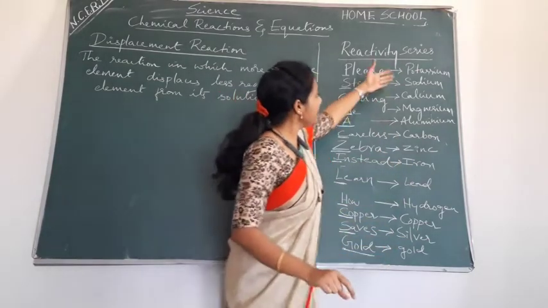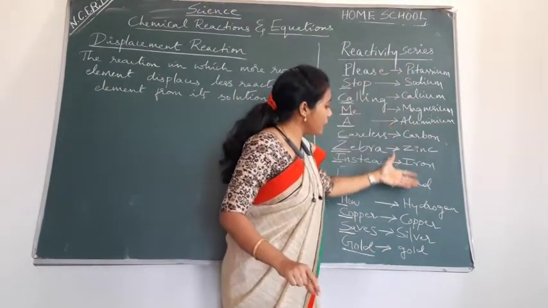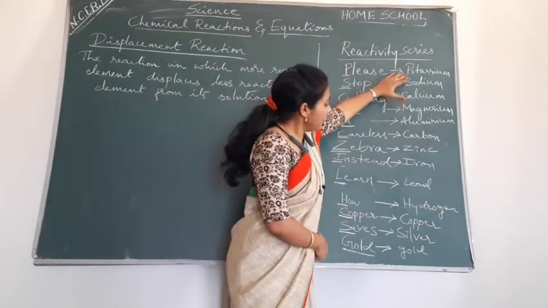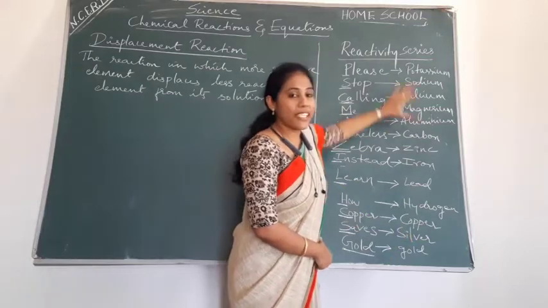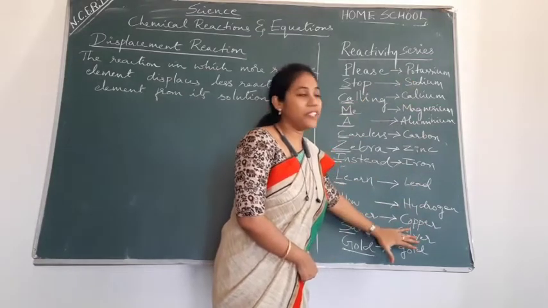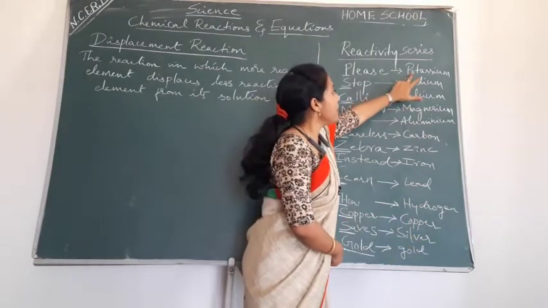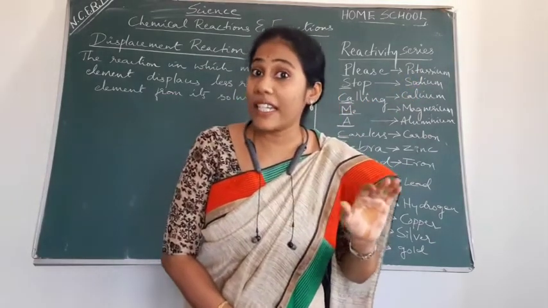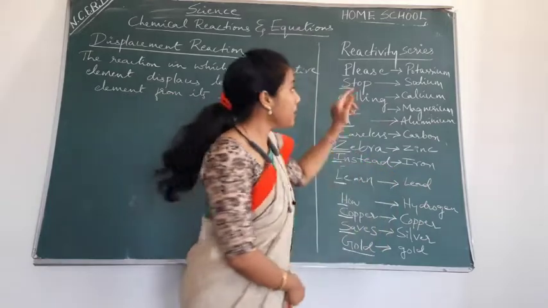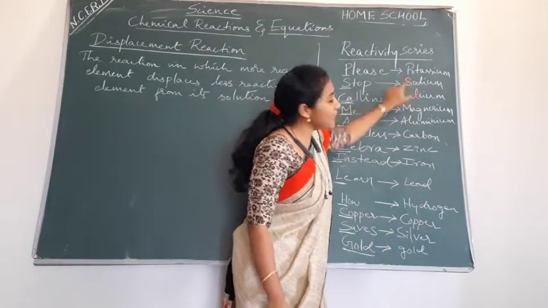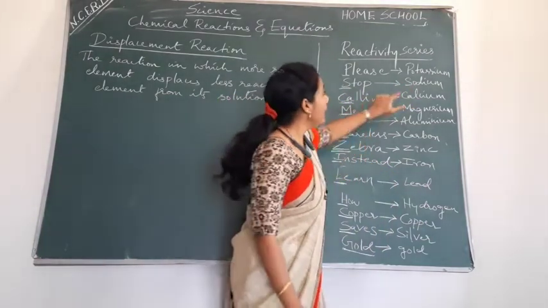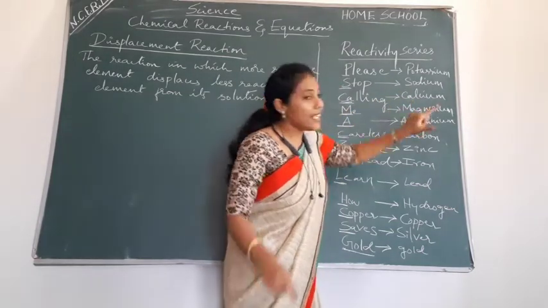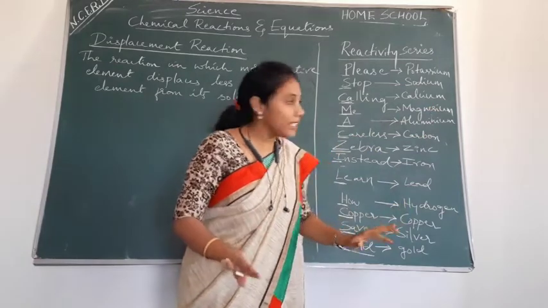This is how scientists have arranged the elements in a reactivity series, in their decreasing order of reactivity. Firstly they have placed potassium, that means potassium is a very highly reactive element. After potassium, a highly reactive element is sodium. A little less reactive is calcium, and magnesium's reactivity is much lesser than calcium.